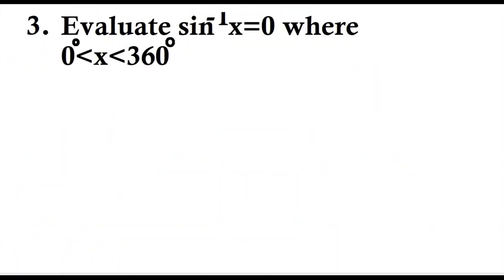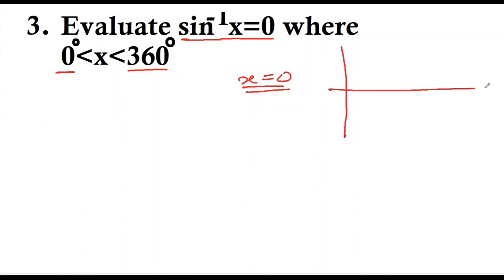Another mistake made by students is that when you have to evaluate sine inverse x equal to 0, you use your calculator and it will give you x equal to 0, only one answer, whereas your domain is from 0 to 360 degrees. So in such a case, you should always use your knowledge of the graph of sine.